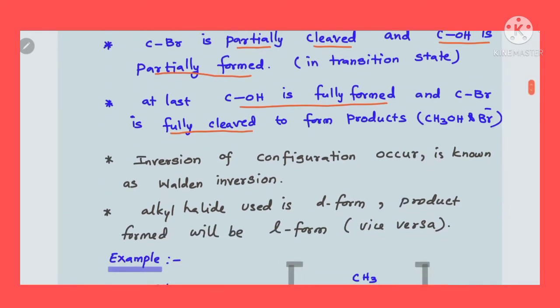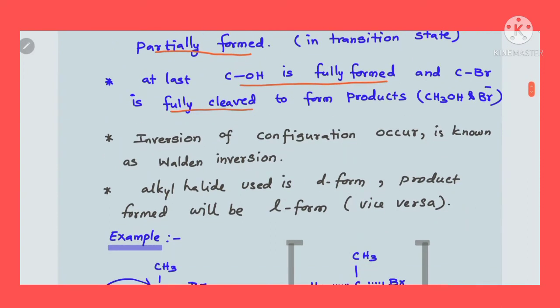Okay, right. Now here the important point you have to note down is that inversion of configuration occurs. What do you call it? Walden inversion. So what is meant by inversion of configuration? In the sense, suppose in this SN2 reaction you use an alkyl halide of D form, the optically active dextro form, due to the backside attack the product formed will be the laevo form, L form, and vice versa.